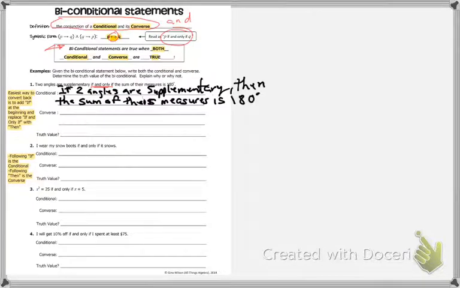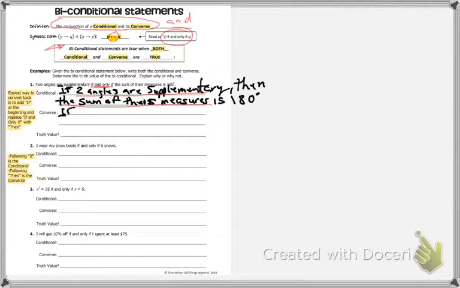The converse of this, so remember what converse is. Converse, you're just switching the hypothesis and the conclusion. So here you have the hypothesis and this is the conclusion. So we're just going to switch them around and just say it all over again.